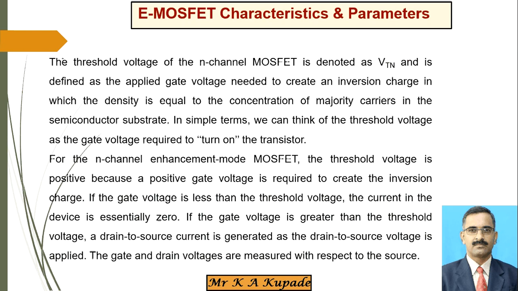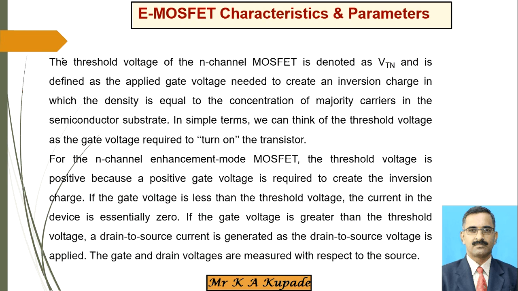If the gate voltage is less than the threshold voltage of the MOSFET, then there is no current flowing in that region. If the gate voltage is greater than the threshold voltage, then drain to source current flows through that region, which is applied to the drain to source by the external terminal.